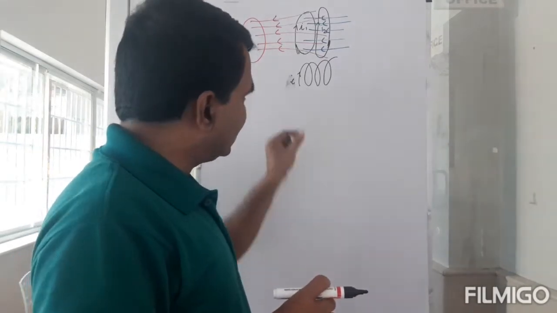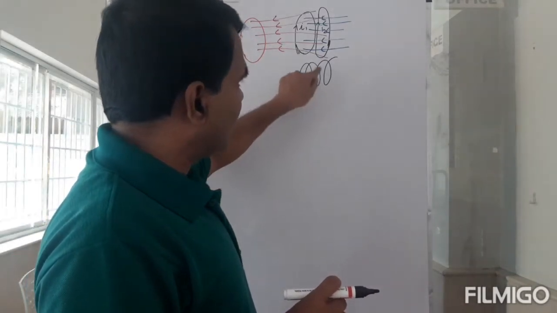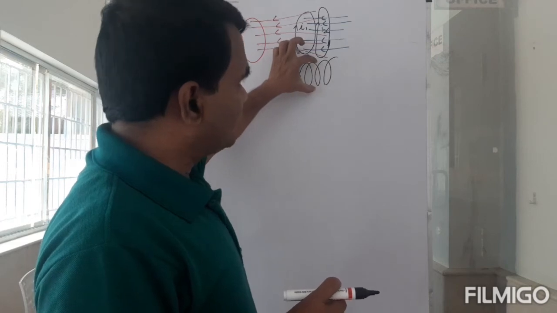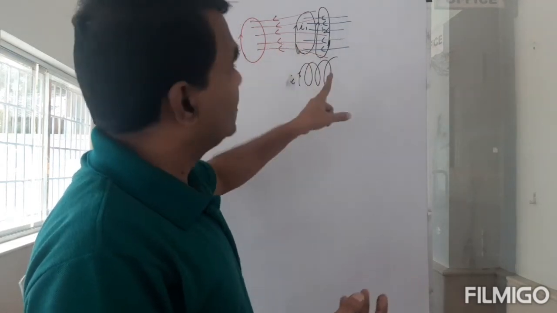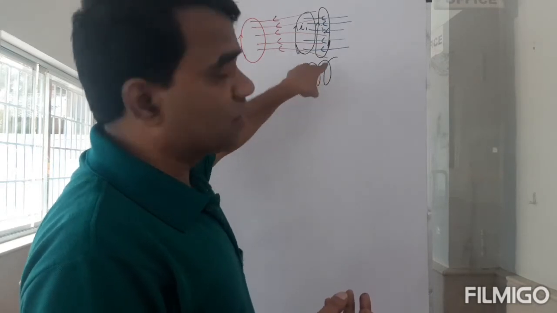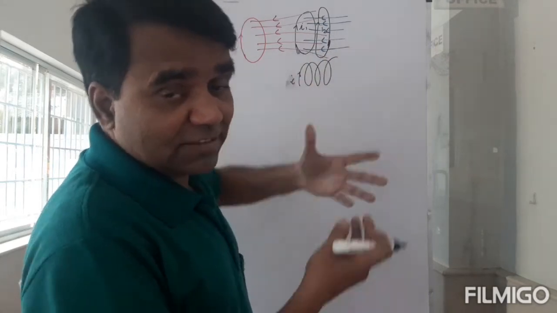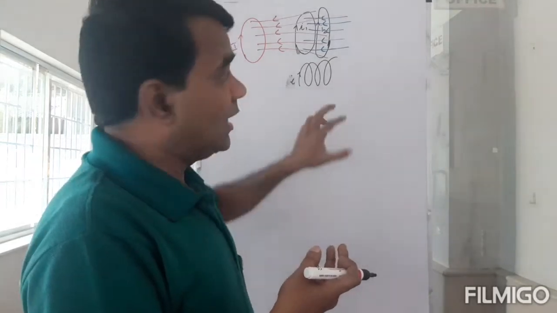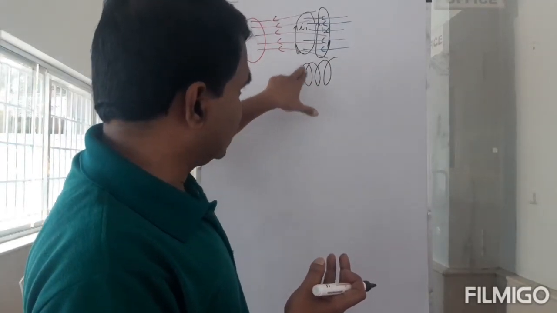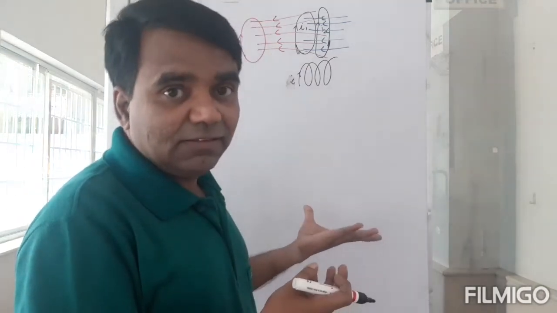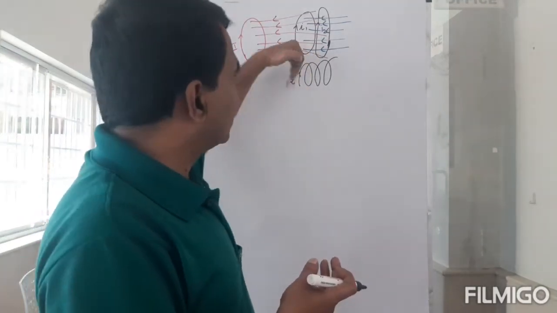So if this current varies, then in other loops also that current will vary, because it is the same current. If currents in other loops vary, then flux is going to vary, and if flux varies, then the flux which is going through the original loop will also vary, and that will produce an EMF.